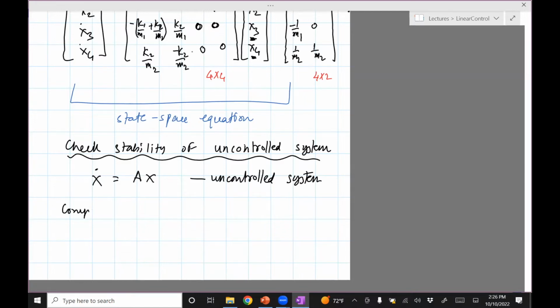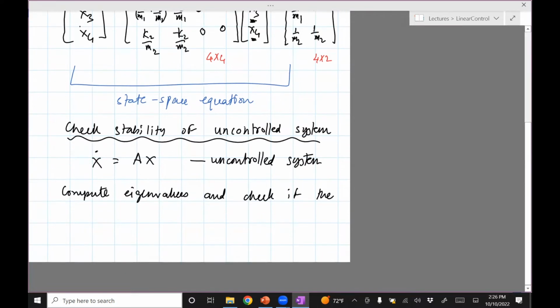So compute eigenvalues and check if all the real parts are negative, because an eigenvalue can be complex, right, with a real part and an imaginary part.